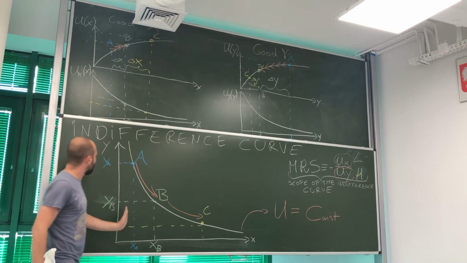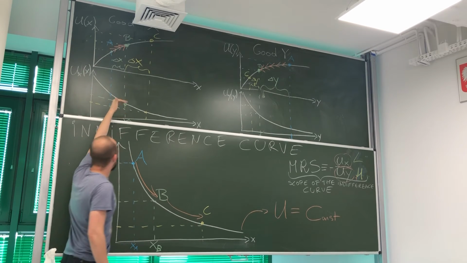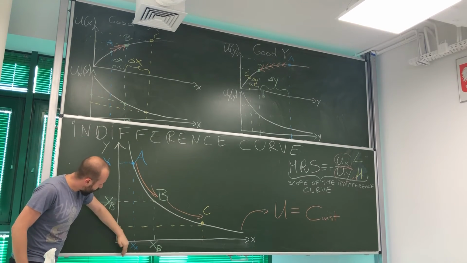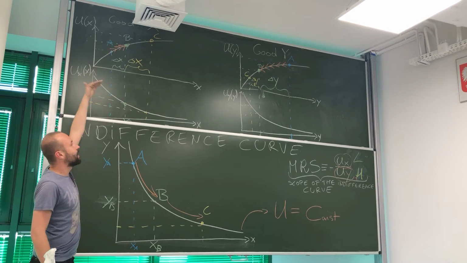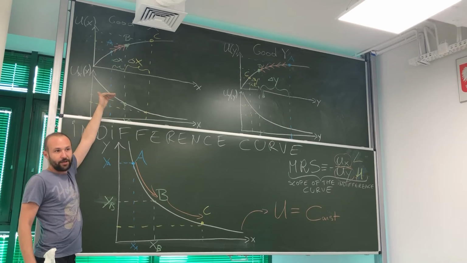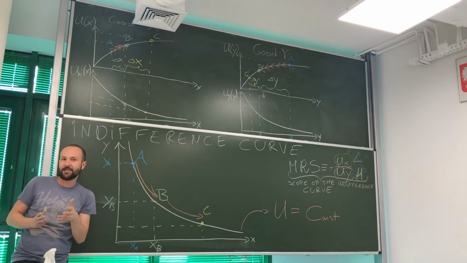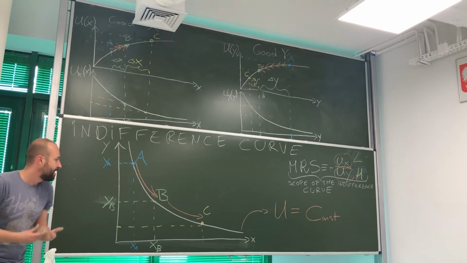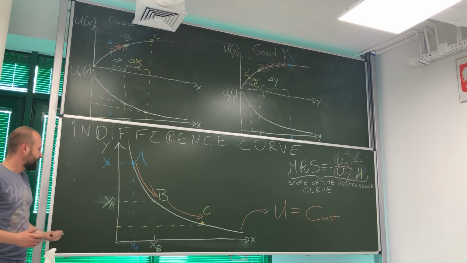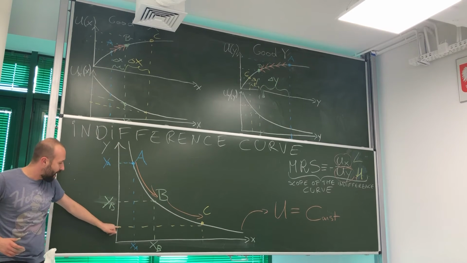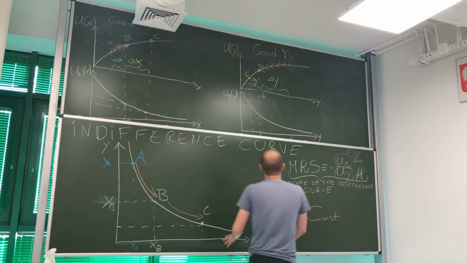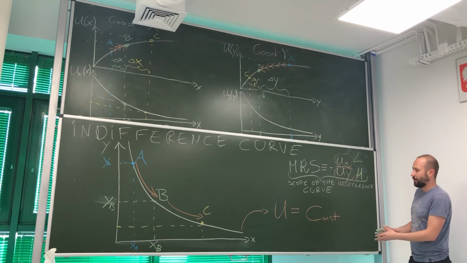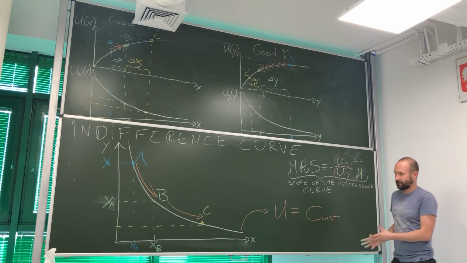Look, as we have very little of good X, we need to be compensated by a lot of good Y to maintain the same total satisfaction, total utility, and it works vice versa. If we have only a little of Y, to maintain the same total utility, we need to have more of X, way more of X, right?